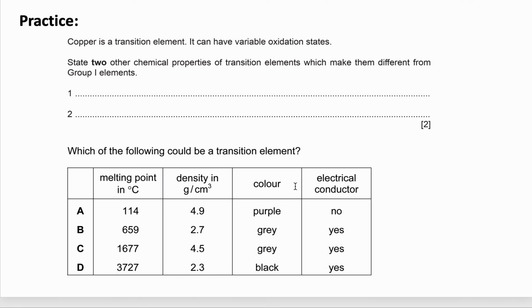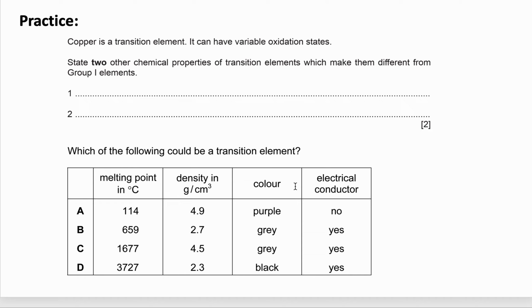So just to sum up, let's see a question related to this one. It says copper is a transition element. It can have variable oxidation states, as we know. State two other chemical properties of transition elements which make them different from group 1 elements. So you can say that they have very low chemical reactivity compared with group number 1 and group number 2 elements.